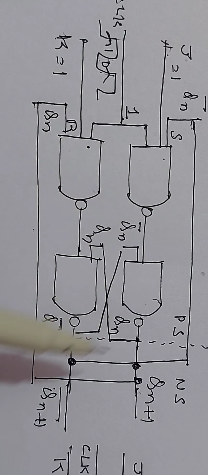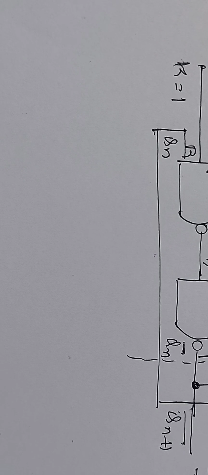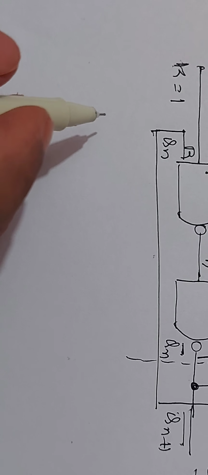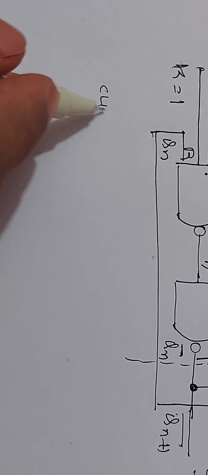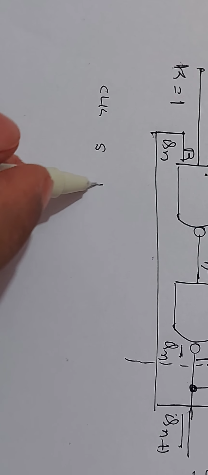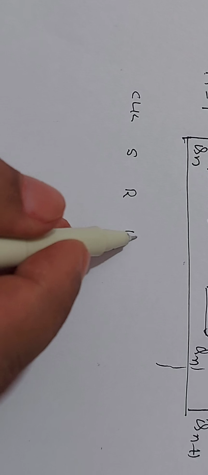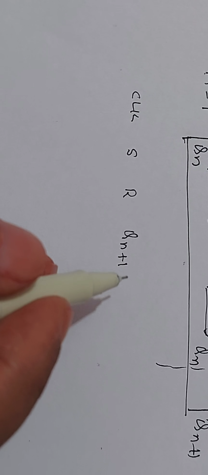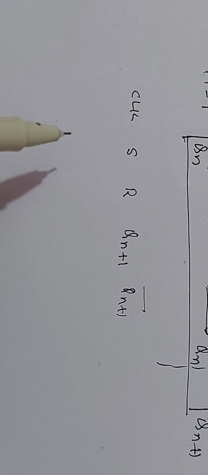Before going to study this JK flip-flop, we should know why the JK flip-flop is constructed from the normal clocked SR flip-flop. First, we will look at the truth table of the clocked SR flip-flop. So, S is one input, R is another input, and clock is another input. The two outputs of the clocked SR flip-flop are Qn plus 1 and Qn plus 1 bar.